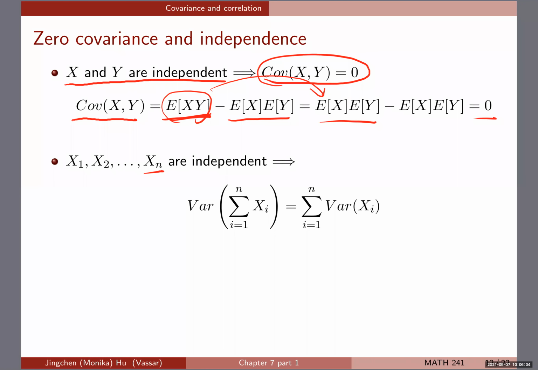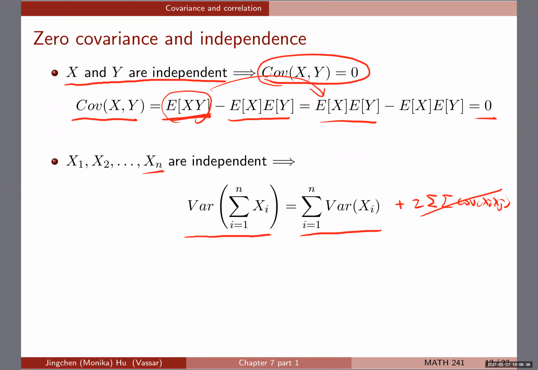If x1, x2 up to xn are independent, then the variance of the sum is the sum of the variances. That is because, if we don't know whether they're independent or not, we have the covariance of xi and xj, from the previous video, and then all of them become zero because they're independent. That's why you can get rid of all of those terms.